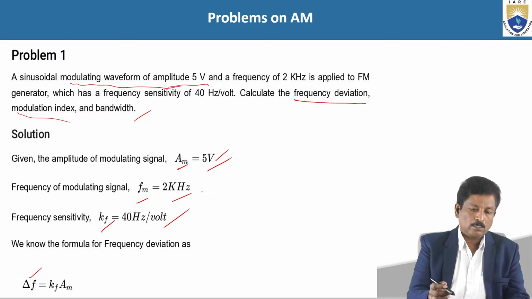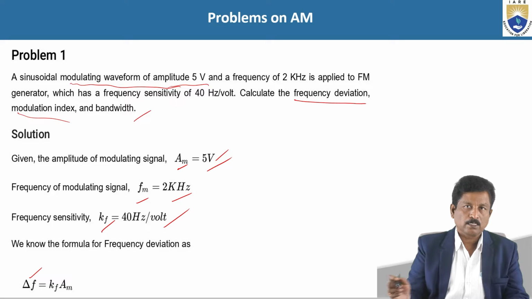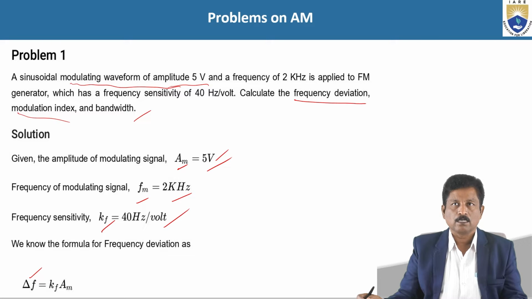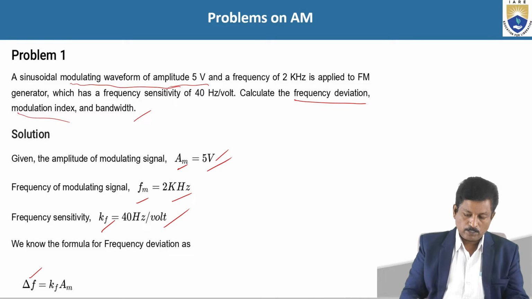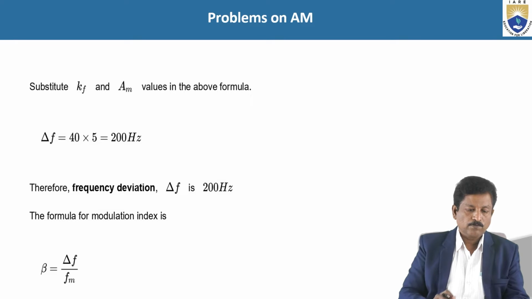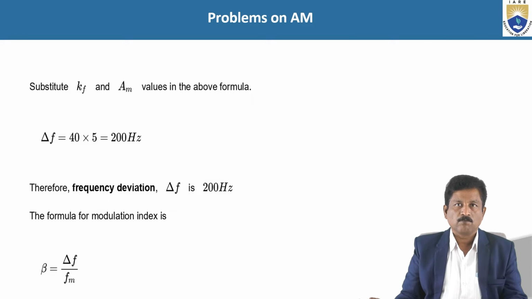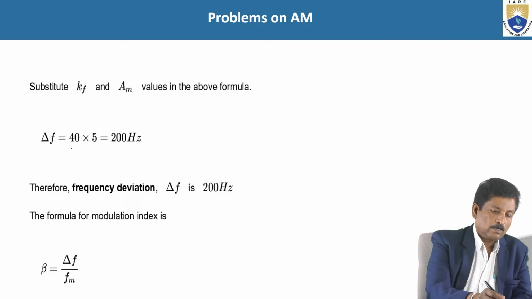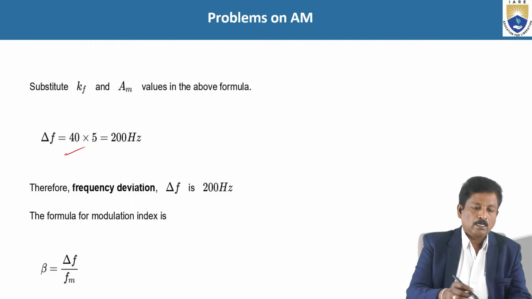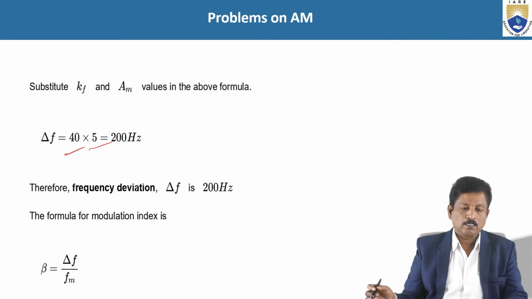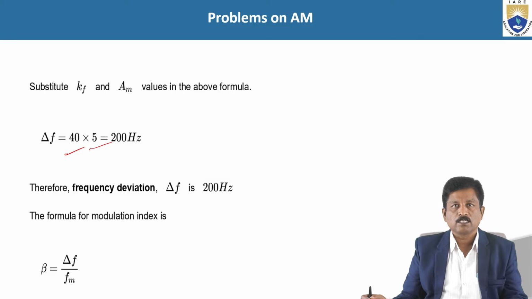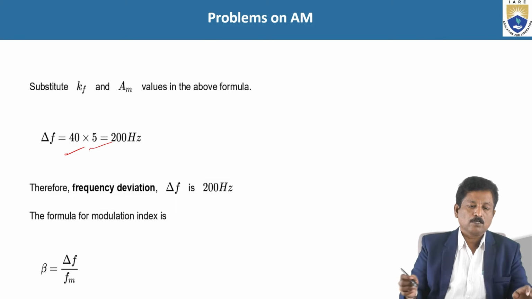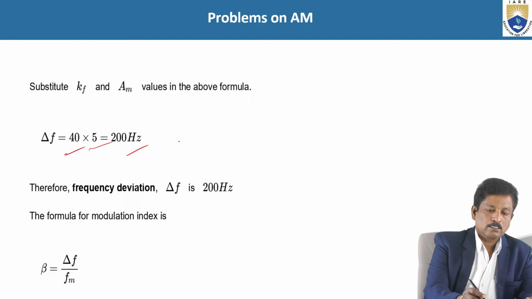So you know the two parameters required for the calculation of the frequency deviation: delta f is equal to Am into kf. So delta f equals 40 into 5, where 40 is the frequency sensitivity and 5 volts is the amplitude of the modulating signal. In the calculation the unit volt gets cancelled, and the remaining unit is only hertz, so 200 hertz. Why?